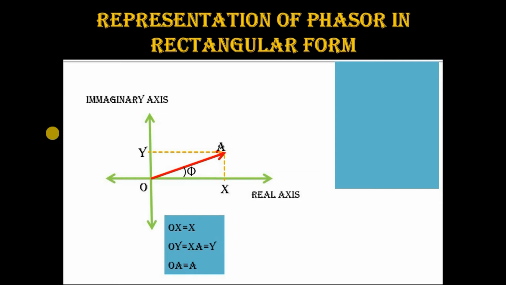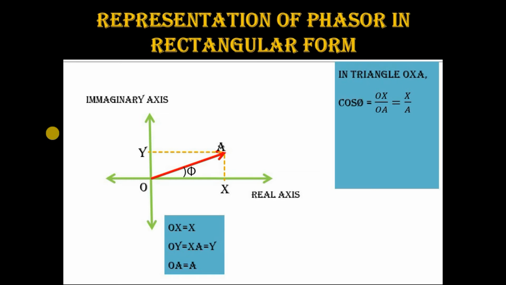Now how to find X and Y? We have to find X and Y. So consider the right angle triangle OXA. In this triangle, find cos phi.